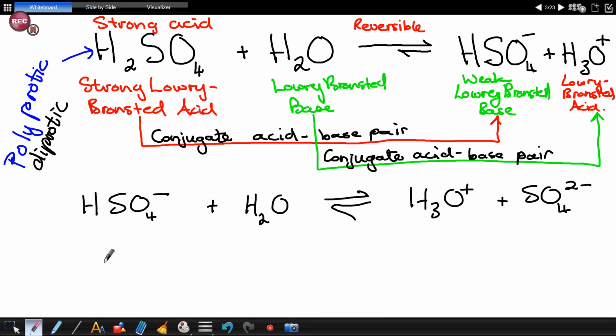Ma'am, so if we were looking at that side of the reaction, would the H in mono? That side, ma'am. This one, yes, but this one doesn't exist by itself alone. HCl is monoprotic. HNO3 is monoprotic because it can only give one proton.